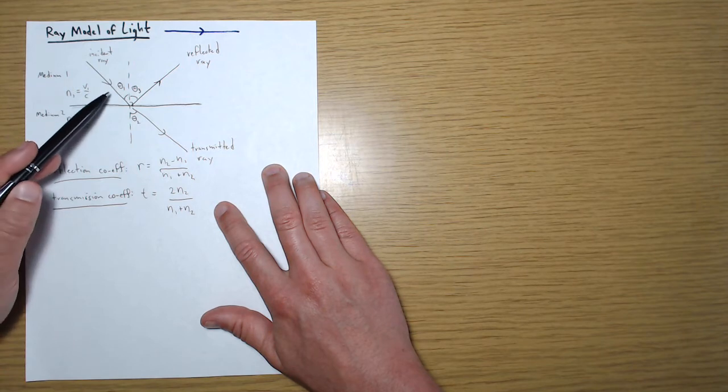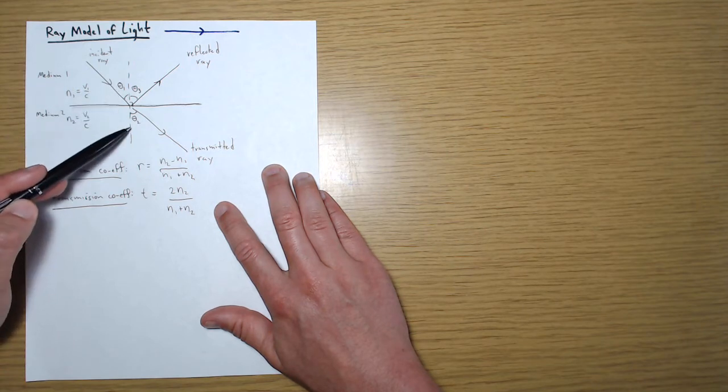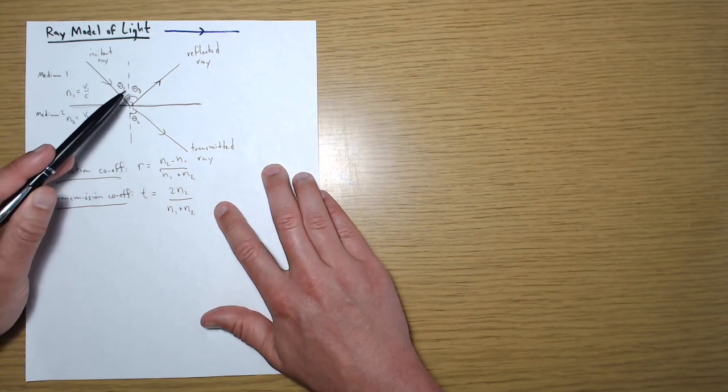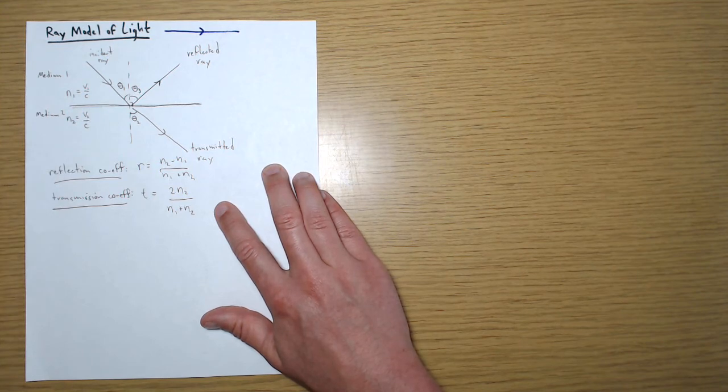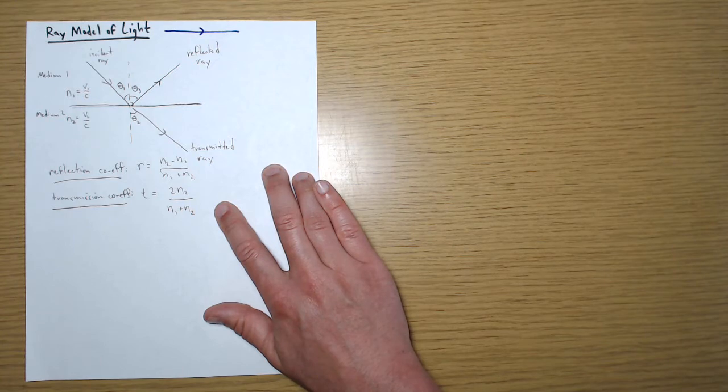All right, now how do we relate theta 1, theta 2, and theta 3? Well, these laws that relate these angles obey energy conservation and are in fact a consequence of boundary conditions of the electric fields governed by Maxwell's equations between the two interfaces.